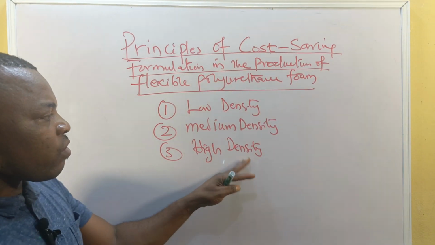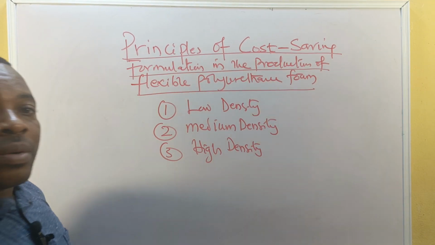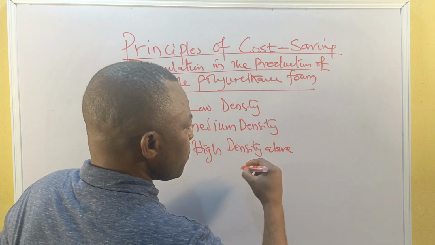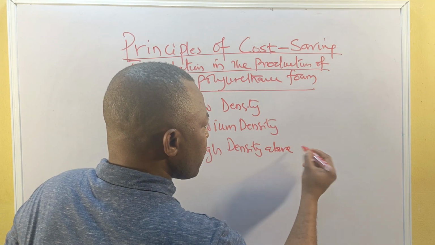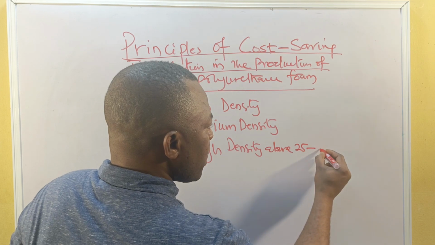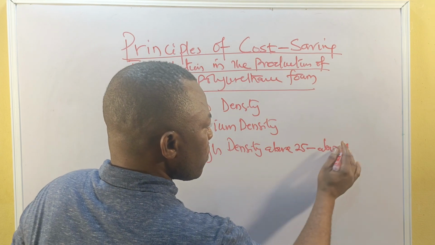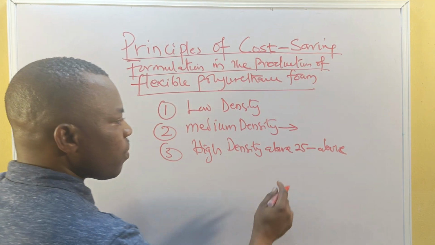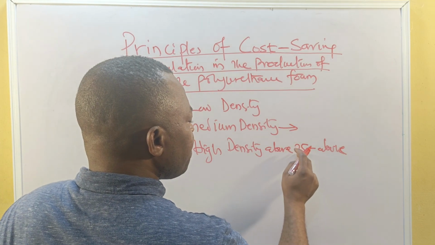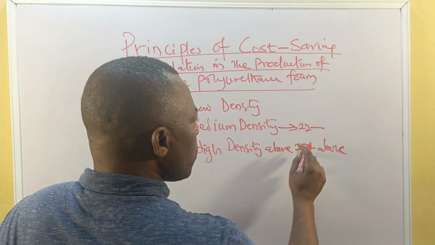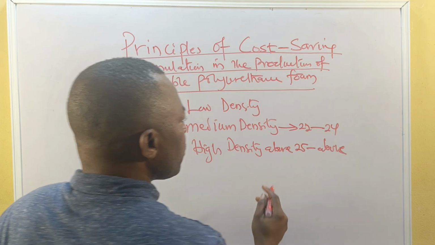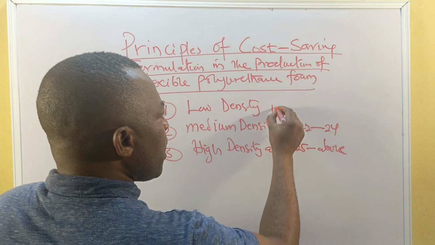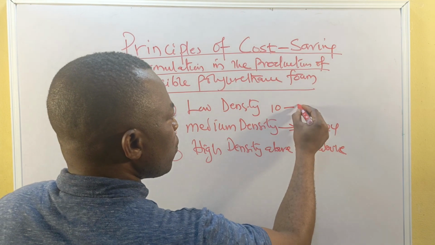Now, high density is what we describe as heavy duty products, that is from 25 and above. Then medium density, we take it from 22 to 24. Then low density, we take it from 10 to 20.